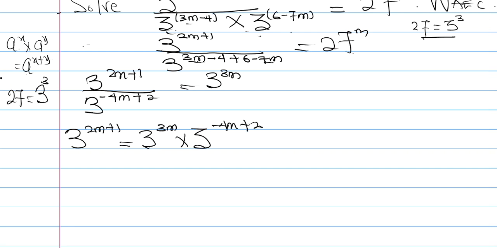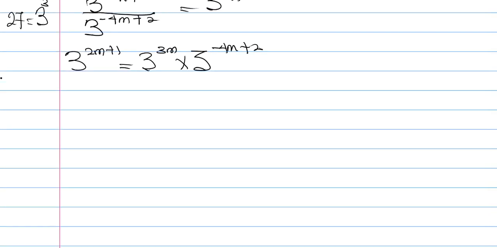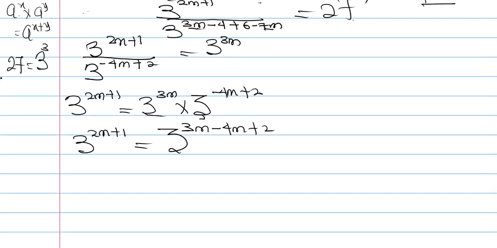So we can have 3 raised to the power (2m plus 1) equal to, since they have the same base, just add their powers together, 3 raised to the power (3m minus 4m plus 2). Now, according to the law, we can just cancel this one since they have the same base.